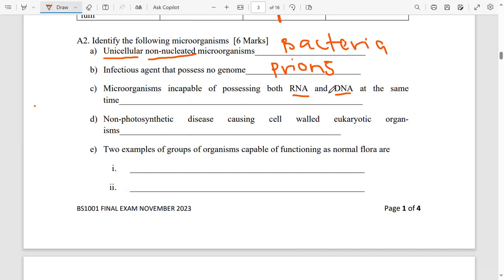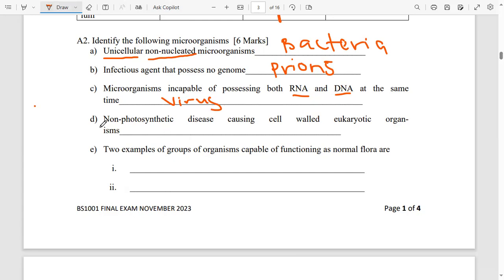We can talk about HIV. That one there is a virus. A virus can only contain one of these. It cannot contain both of them at the same time. Either it contains the DNA or it contains the RNA. So the microorganism they're talking about here is the virus.